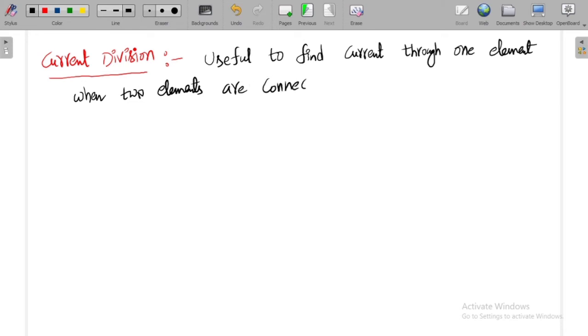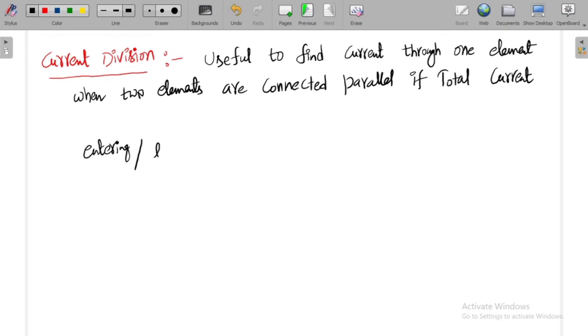Current division is useful to find the current through one resistor or one element when two elements are connected in parallel, if and only if the total current is known. That means the total current entering the parallel combination.